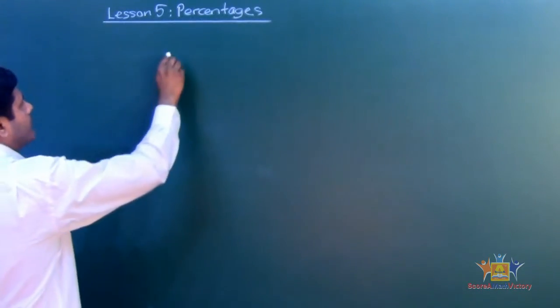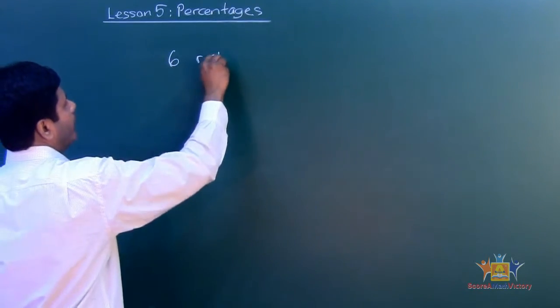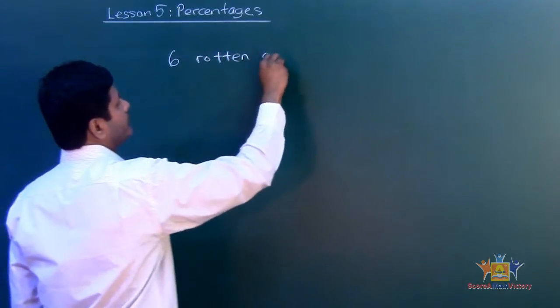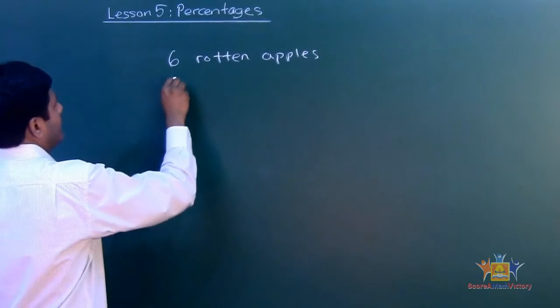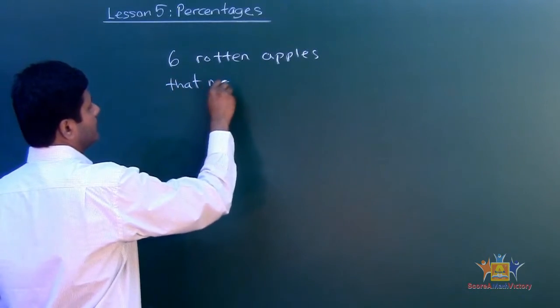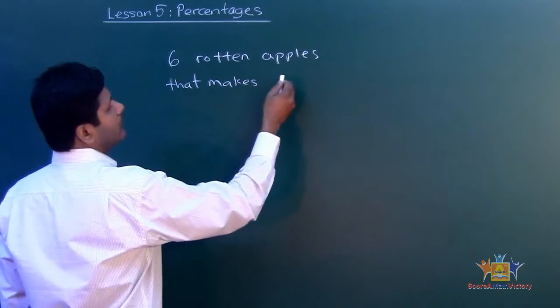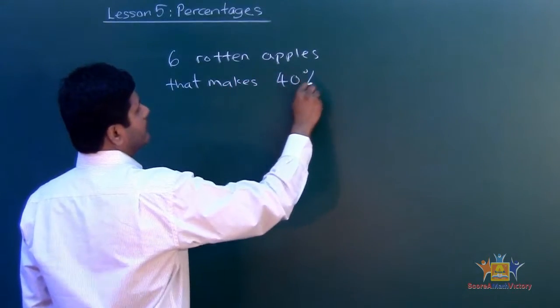Okay, let's write that down. So in other words, 6 rotten apples, and that makes how many percent? That makes 40%.